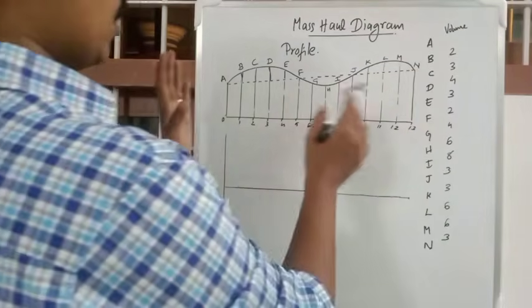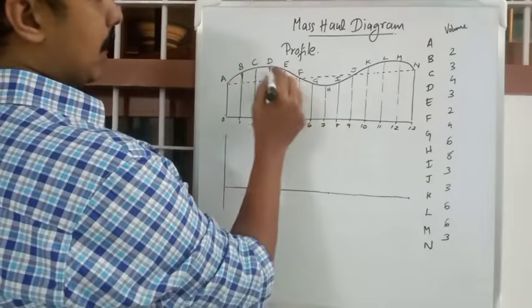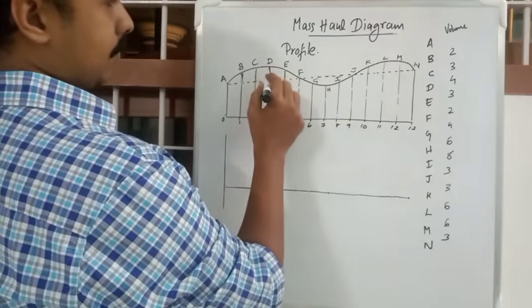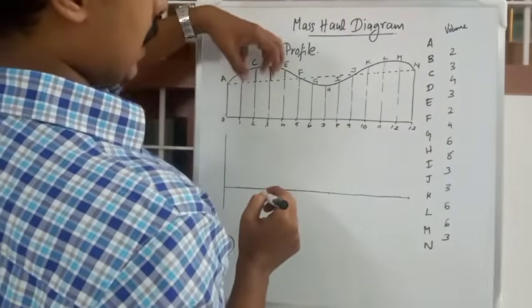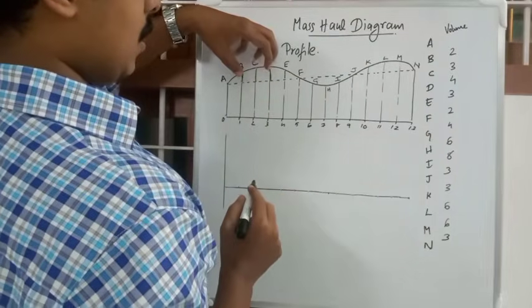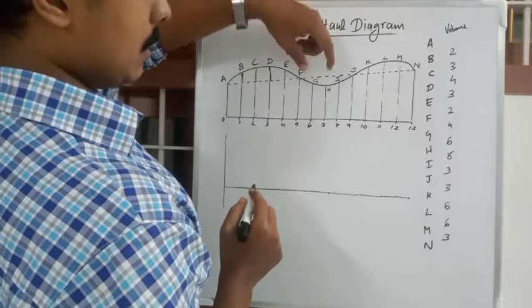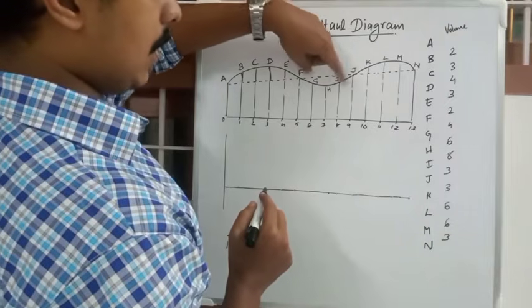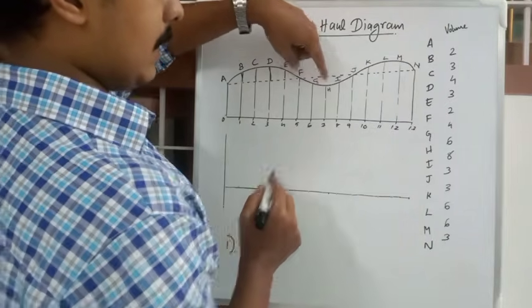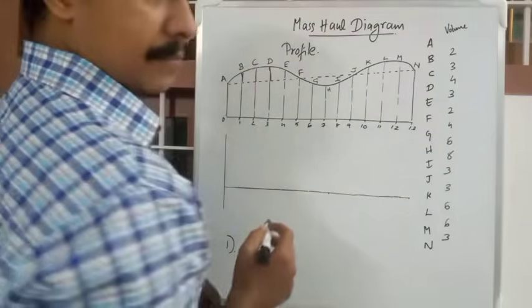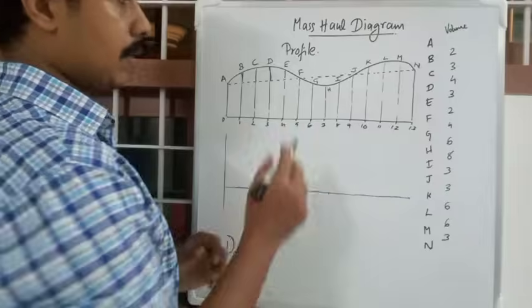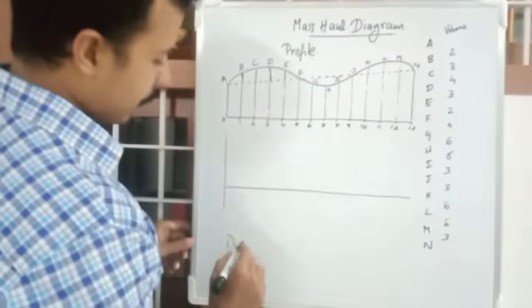This area is to be cut and this area is to be filled. The earth above this line will be cut, and the area below this line, where the profile has a depression, will be filled with earth.